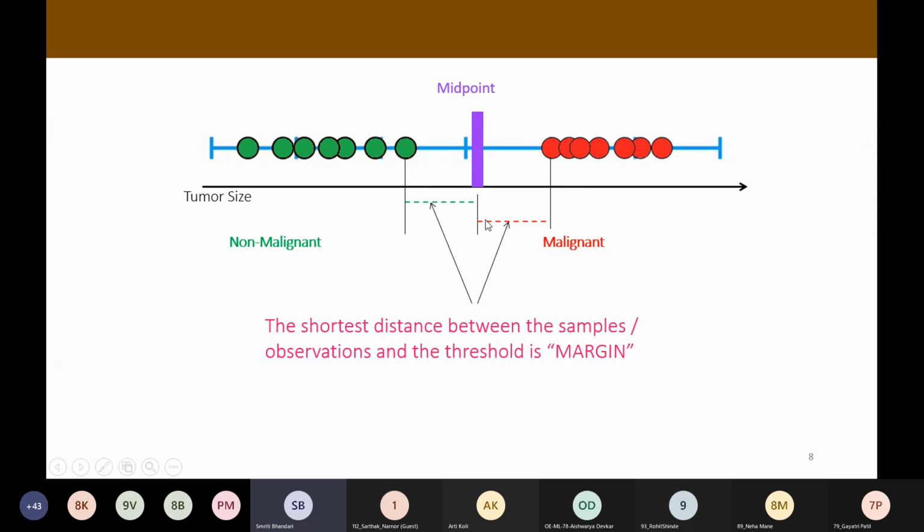So this is our margin, and the margins from the threshold to the sample belonging to either of the classes are the same.